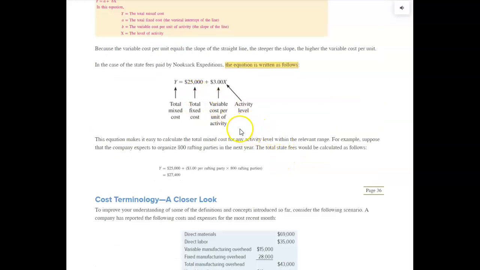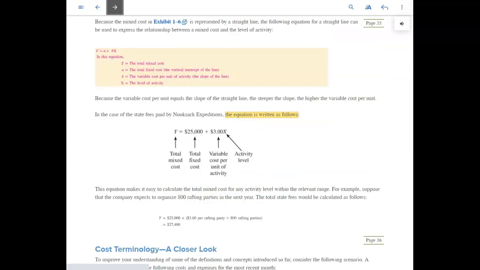And here's an equation that you can look at. The equation is y equals a plus bx. Y is the total mixed cost, a is the fixed cost portion, b is the variable cost per unit, and x is the level of activity. So if you're looking at 800 rafting parties, here's the formula for the rafting company.